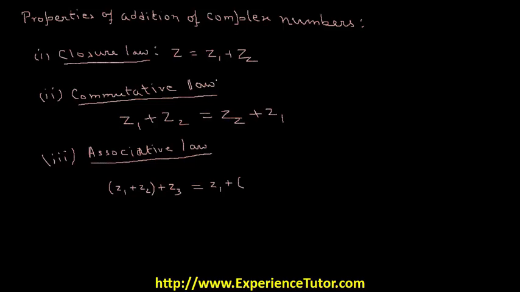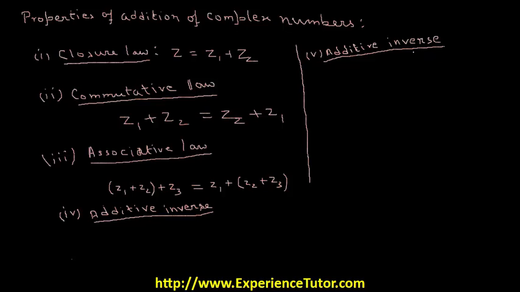Now additive identity first. For every complex number x plus iy, there exists a complex number 0 plus i0 such that x plus iy plus 0 plus i0 is equal to x plus 0 plus i (y plus 0), which is equal to x plus iy. This is additive identity. Here 0 plus i0 denoted as 0 is called additive identity.